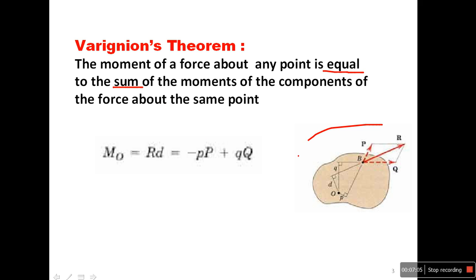You can see here I have this force, and this is its line of action. The moment of R about O is equal to R, the force, multiplied by this D.